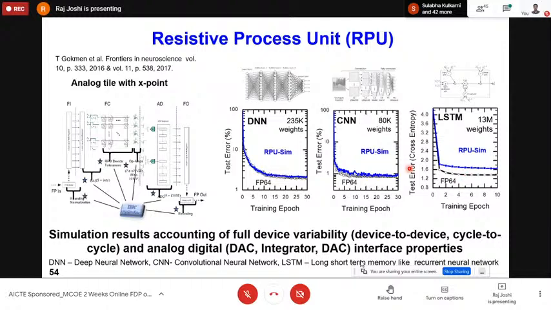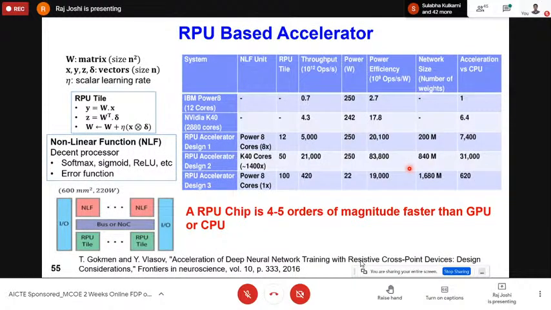So these are the kinds of techniques which are used, and these RPU-based accelerators, okay, are called crossbar-based non-volatile memories, and they work by applying pulses, which I showed you earlier, voltages on one side and voltages on the back side, and from the difference between the voltages, you can store the conductance.